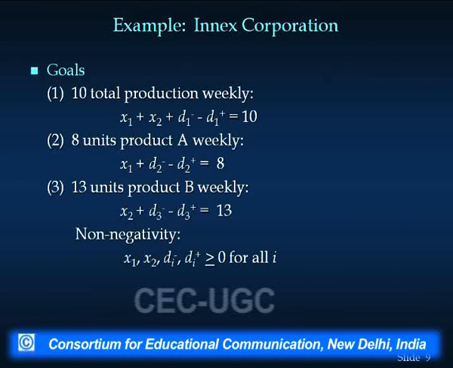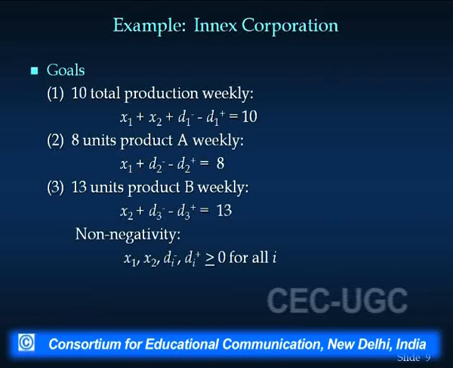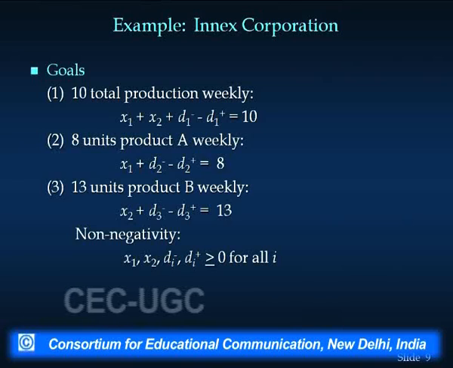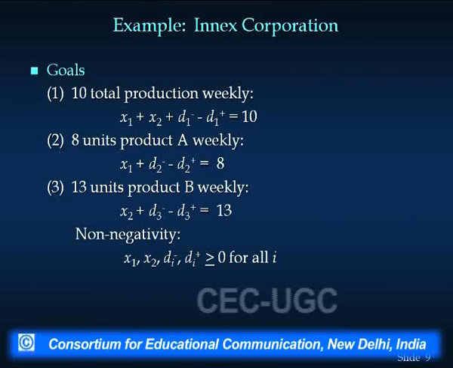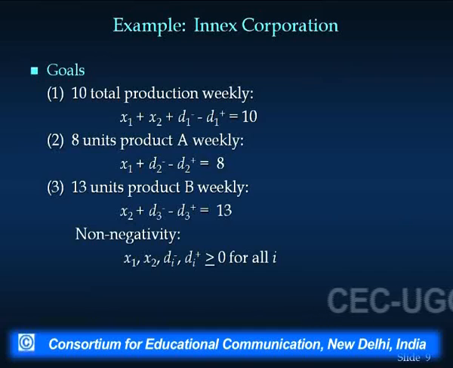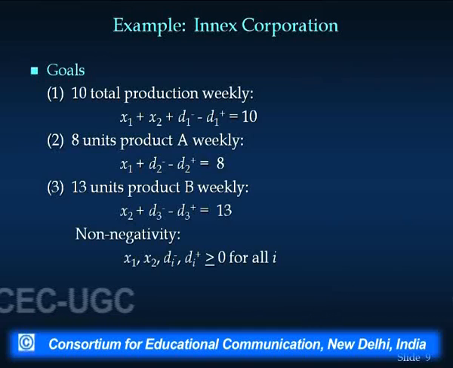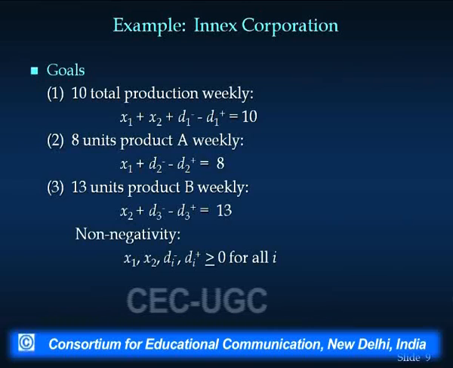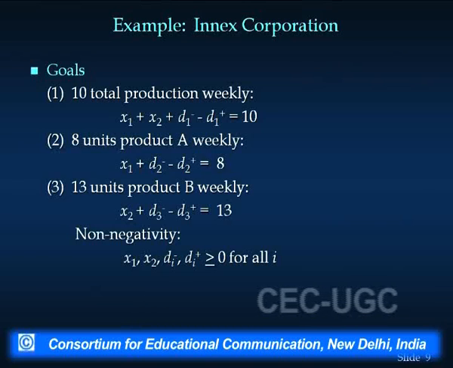So D1 minus, if it is a deficient production, should be added. Similarly, in case of overproduction, instead of 10 units, if we are making 12 units, then 2 units are extra, x1 plus x2 is 12, and we want to make it equal to 10. The extra production is 2 units, so we subtract these 2 units from x1 plus x2.